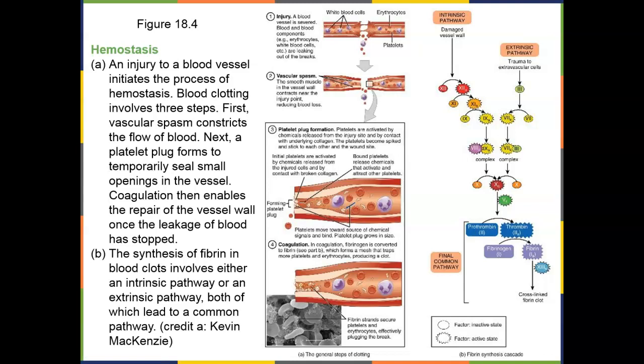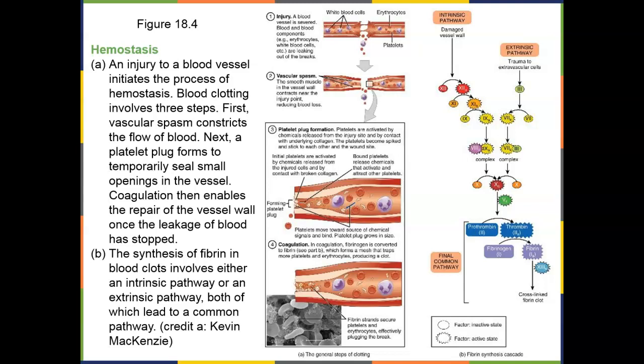So platelets function in blood clotting or hemostasis. If you have an injury to a blood vessel, this is going to initiate hemostasis. There are 3 basic steps to hemostasis. The first is your vascular spasm.